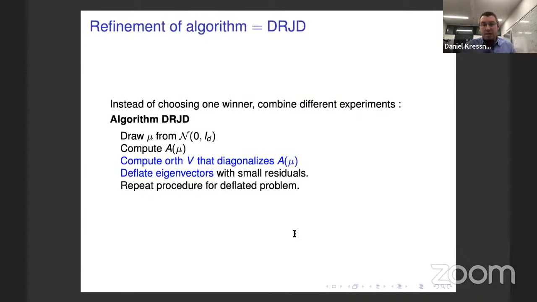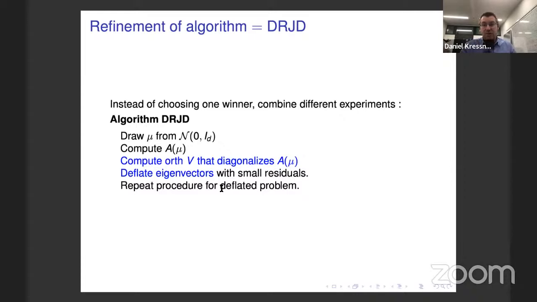And then we refine the algorithm a bit. It's a bit of a waste if you take 3 random linear combinations and then you just take the winner of these 3 random linear combinations. So why don't you extract the eigenvectors which are sufficiently good from a random linear combination? That's easy to check. You just look at a candidate eigenvector and you look at the residuals for each of the individual AK, and this you declare as a good eigenvector, and then you can deflate the problem and choose another random linear combination for the deflated problem.